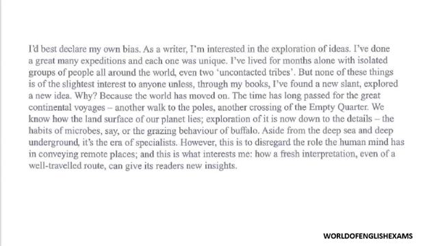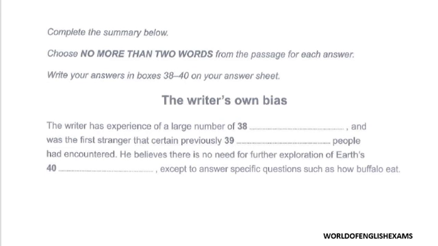And he also tells that each of them was unique. So because the word limit is 2, you can also write unique expeditions. You can only write the answer as expeditions, or you can also include the term unique. There's no harm in that. Okay. So, and was the first stranger that previously dash people had encountered.